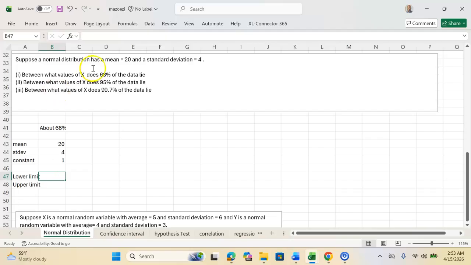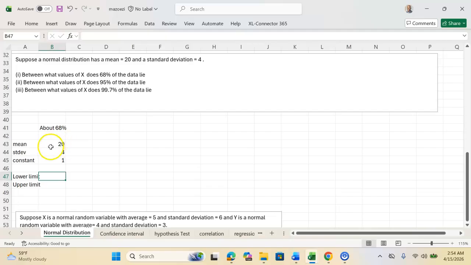To get the lower bound, you can remember the formula, which says that it is average minus 1 standard deviation, and the upper bound will be average plus 1 standard deviation.